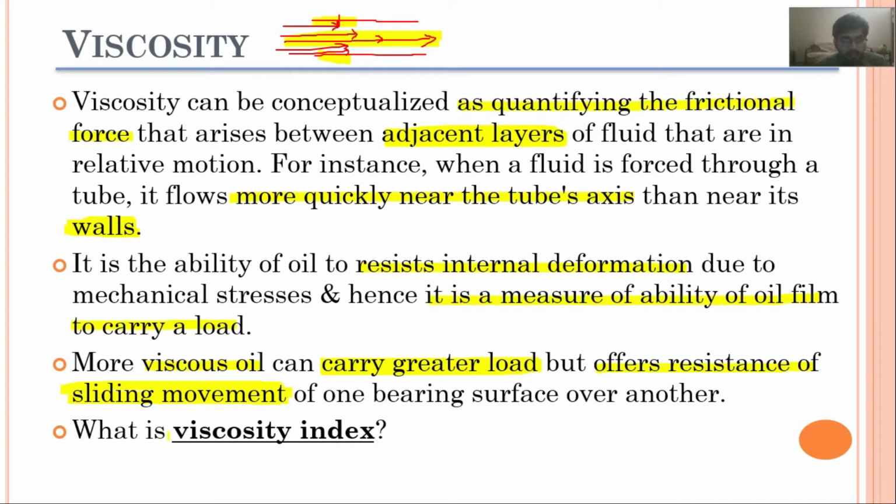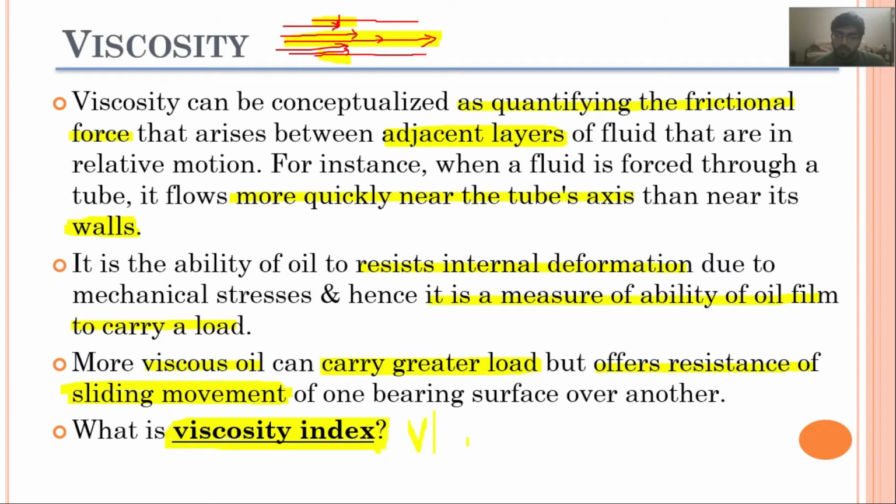So the next thing which we need to understand here is what is viscosity index. Viscosity index is basically the terminology which is being used, and it can be defined as how much the viscosity of a fluid is changing with the change in temperature.